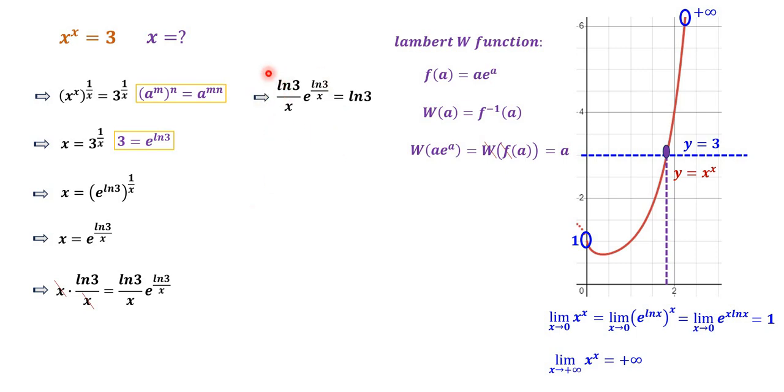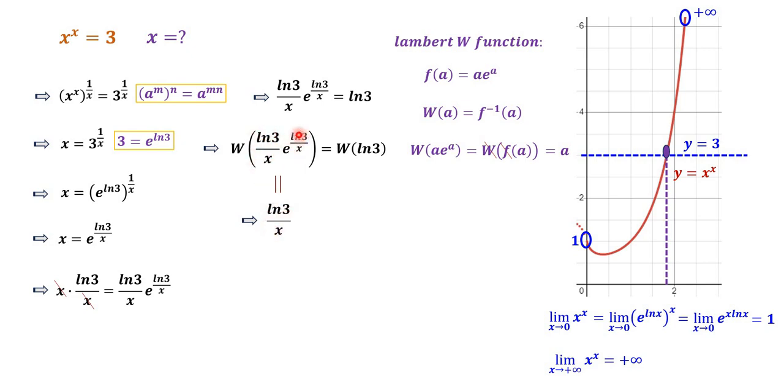With this idea, we take the Lambert W function of both sides of the equation, and we have the Lambert W function of ln 3 over x times e to the power of ln 3 over x, equal to the Lambert W function of ln 3. You see here, the Lambert W function of a times e to the power of a is equal to a, so the left side is equal to this part, ln 3 over x.